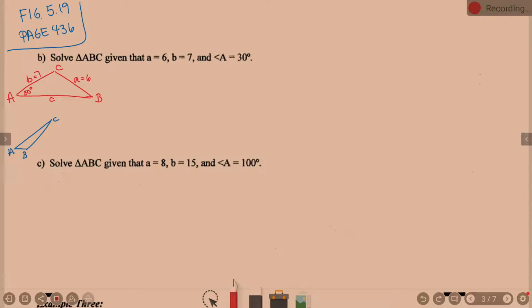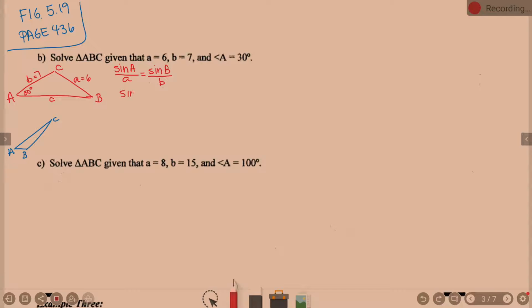I'm going to set up so that I have sine A over A equals sine B over B. Me doing the teaching, yes, I write that piece out right there. I'm not saying you have to write it with the A's and B's in it. That's just me trying to make sure you can see later what we did.